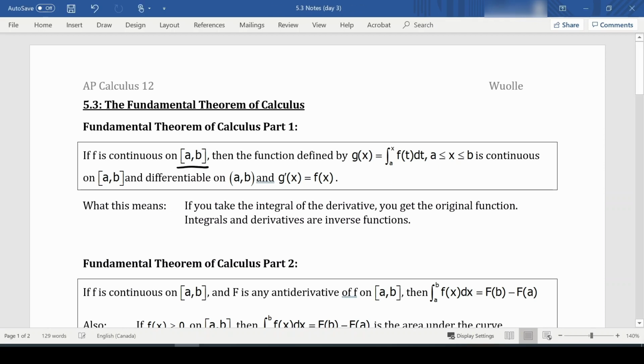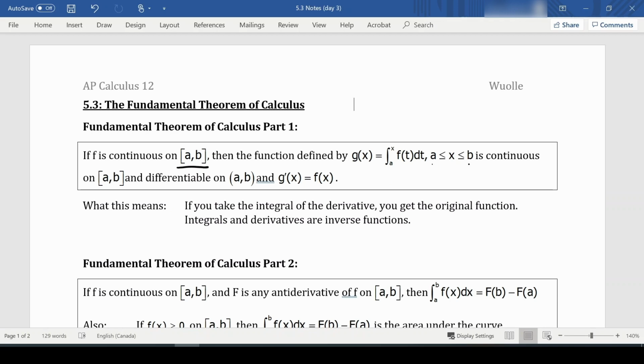The first part of the Fundamental Theorem of Calculus says that if f is continuous on a closed interval a to b, then the function defined by g of x equals the integral from some number a up to x of f of t dt, where x is between a and b, is continuous on that closed interval a to b and differentiable on the open interval a to b, and g prime of x is equal to f of x.